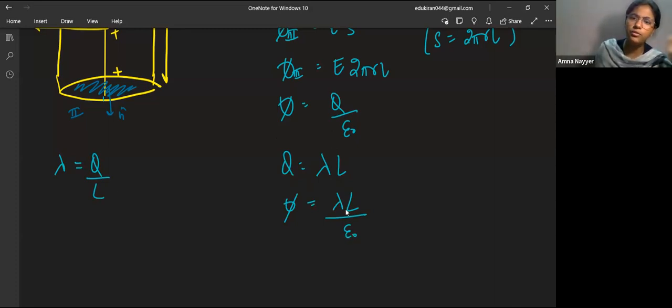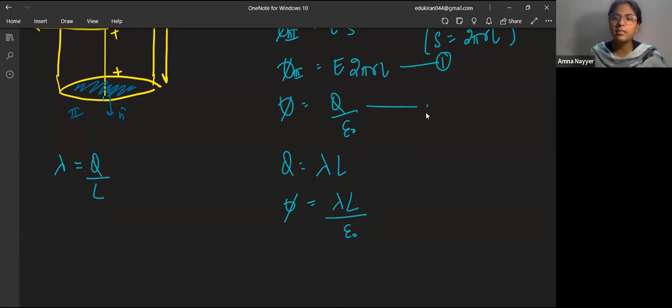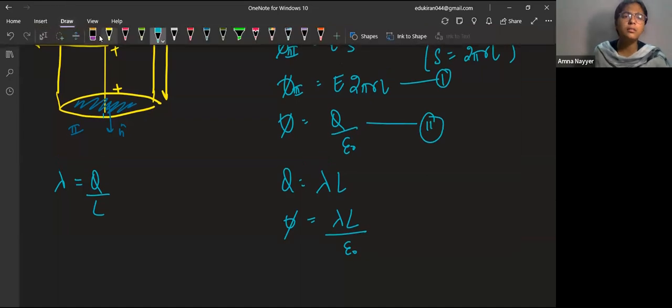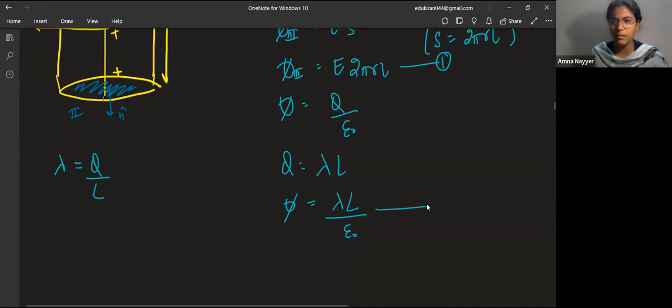Just putting the value of flux here. So now you have this flux here. One flux is there. Can we equate both these equations? This is the first equation where flux is equal to E into 2 pi RL. We have the second flux, which is equal to Q by epsilon naught, which we have just now written.